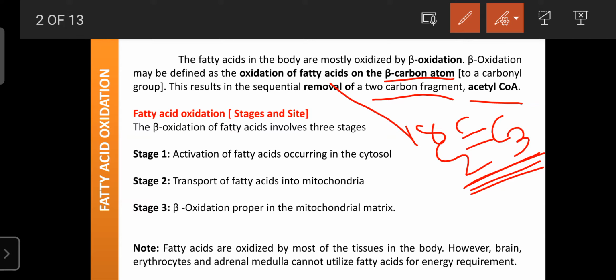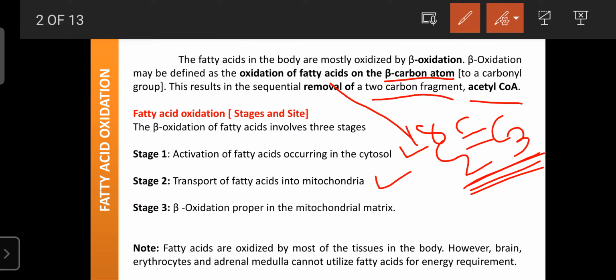Stage 1 is the activation of fatty acids, occurring in the cytosol. Without activation of fatty acids, beta oxidation does not begin. Only then can the activated fatty acid be transported into the mitochondria. That is stage 2. The activated fatty acid cannot directly enter the mitochondria.